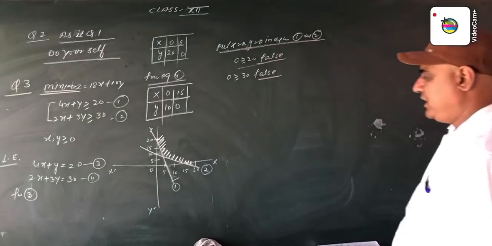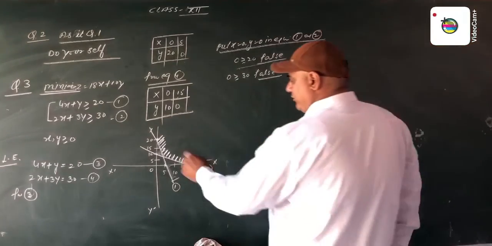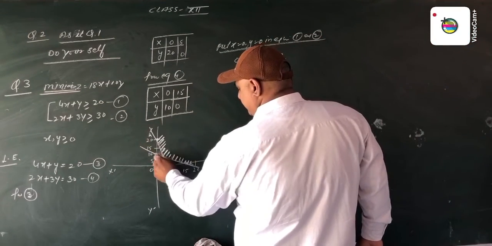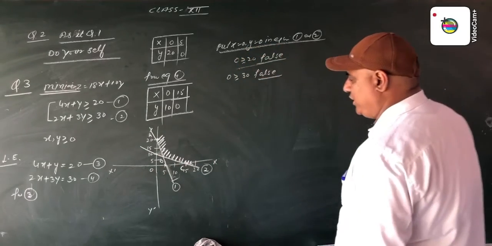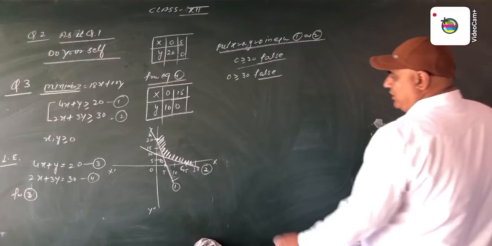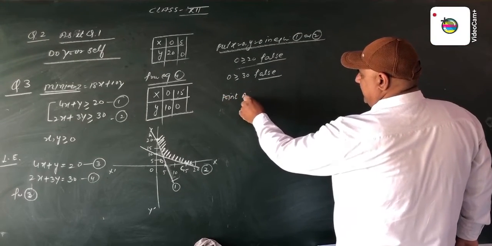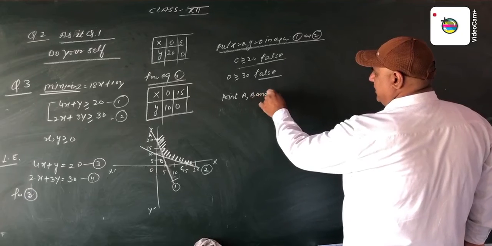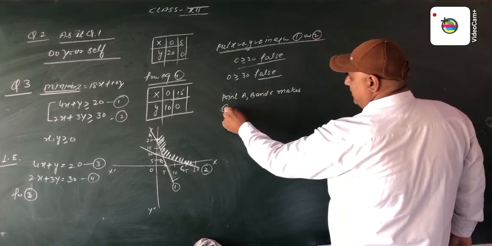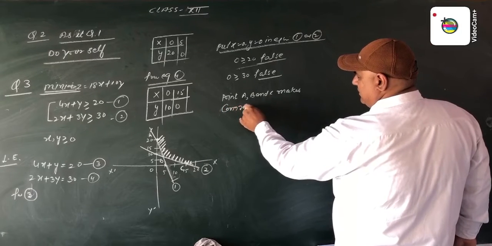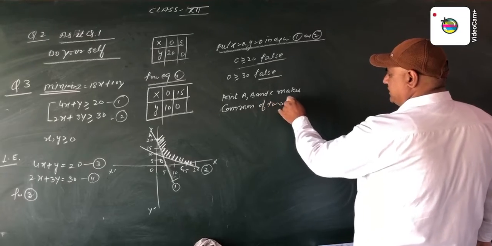Now we find the corner points of this region. This is point A, this is B, this is C. These are three points on the common area. Points A, B and C make the common area of the two inequations.